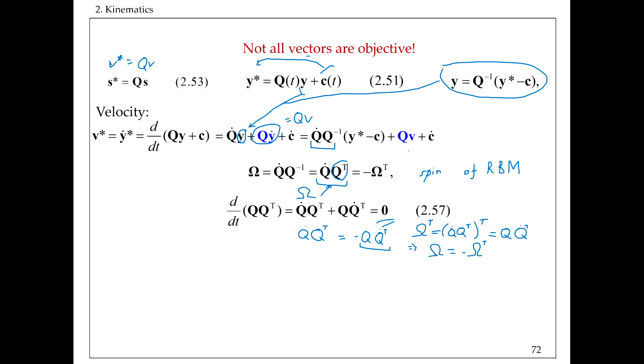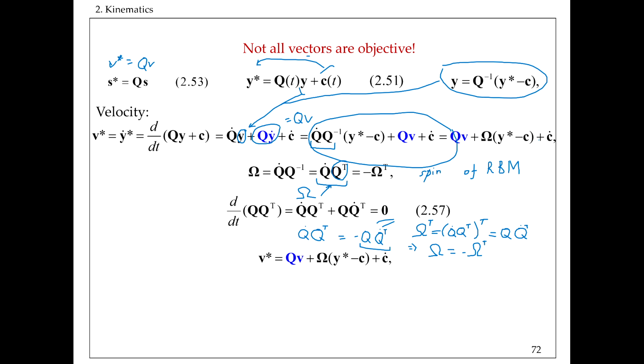Nevertheless, we're now going back to this result here, where we are still trying to conclude whether the velocity is an objective vector. Now we write it in a more complex way. Instead of q dot q transpose, we use our definition of the spin of the rigid body motion, and rearrange it a little bit, putting qv first. So we have qv plus theta times y star minus c plus c dot.